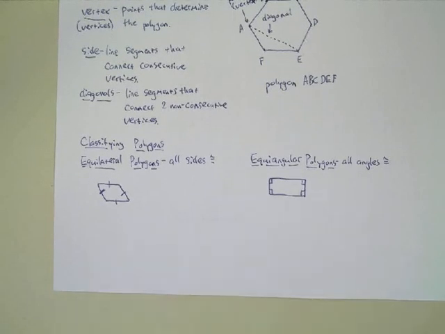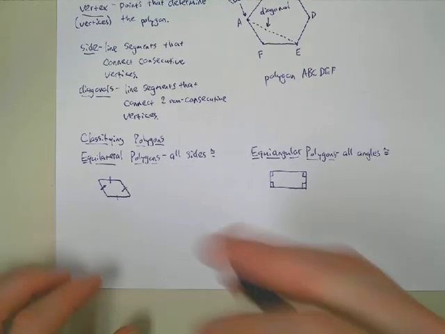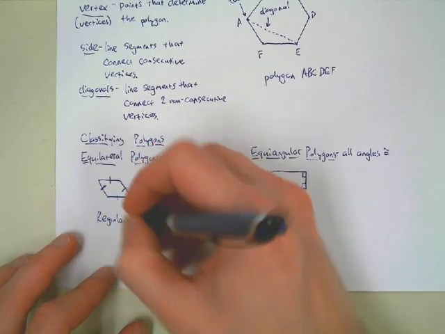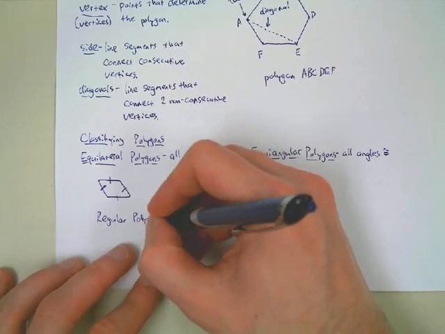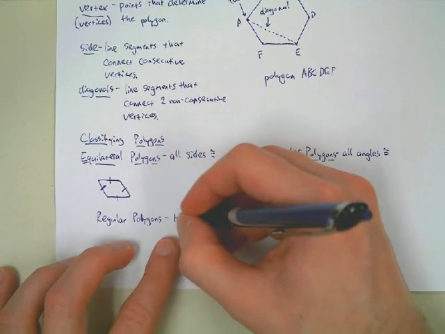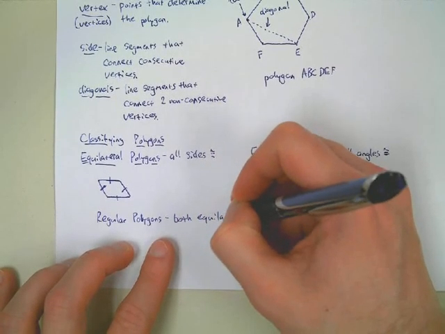Okay. And then what's the word when something's both equilateral and equiangular? What do we call that? Patrick? Regular, which is such a silly name, I feel like, to call something so special, right? Something so special that it's both equiangular and equilateral, and we just call it regular. So both equilateral and equiangular.